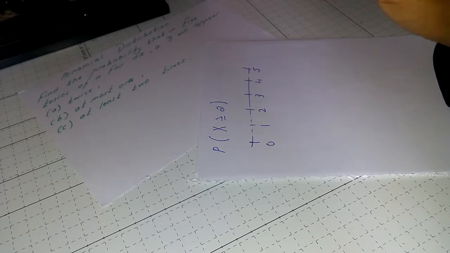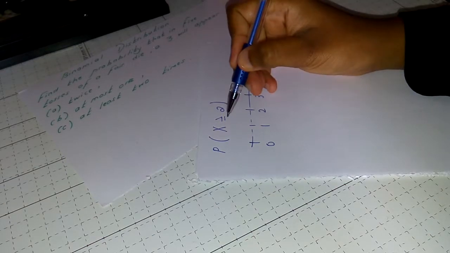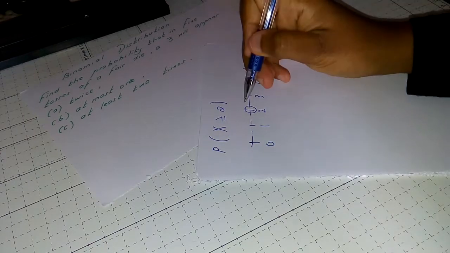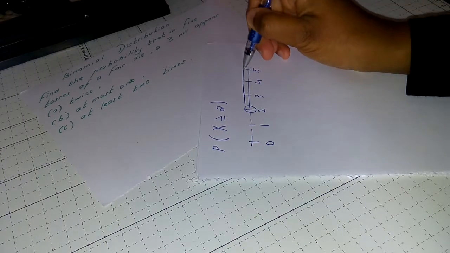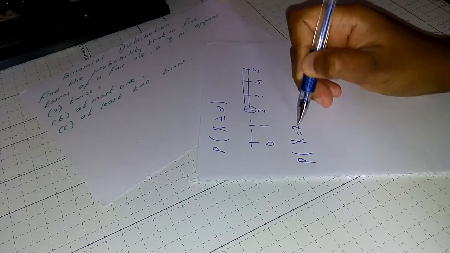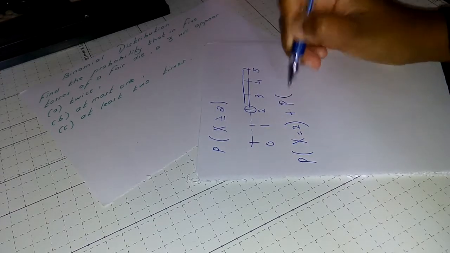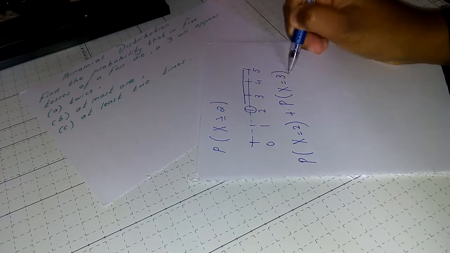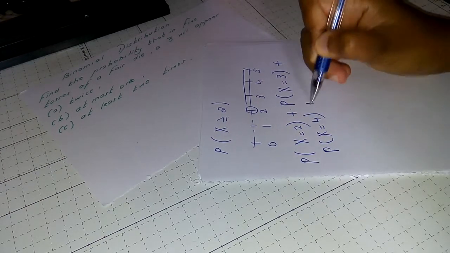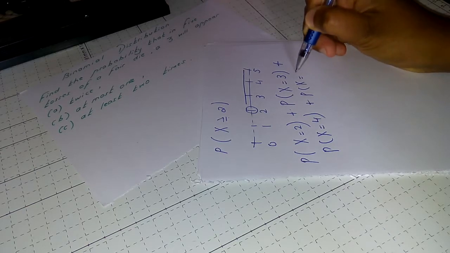At least 2 means it has to be greater than or equal to 2. So equal to 2, and then greater than 2. So we are going to include the probability of X equal to 2, plus X equal to 3, plus X equal to 4, plus X equal to 5.